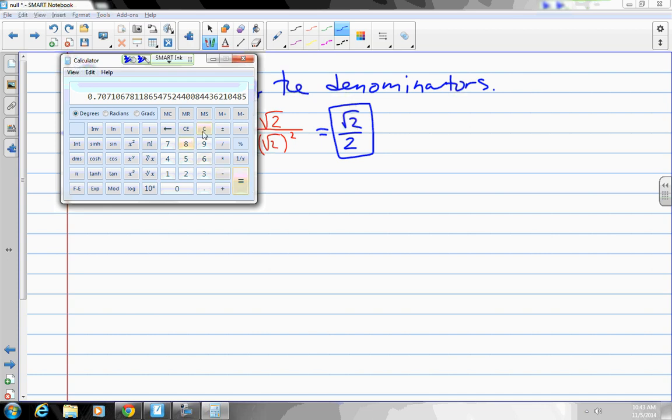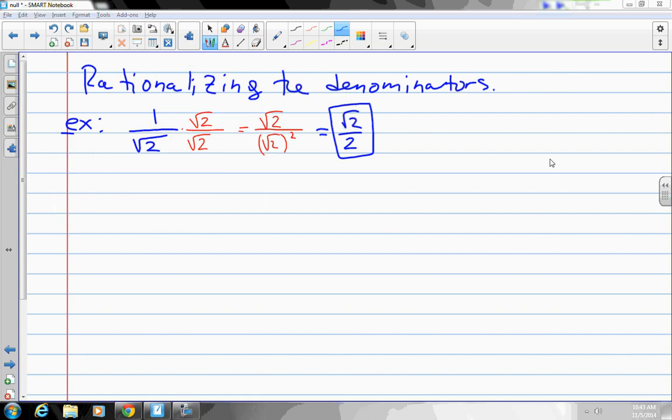And if I type in square root of 2 divided by 2, I get the same result. So they're numerically the same, but the second one is a lot easier to work with in the future. This is a much friendlier fraction because it has an integer denominator. Okay? And I'll show you an example where you really get to appreciate that.